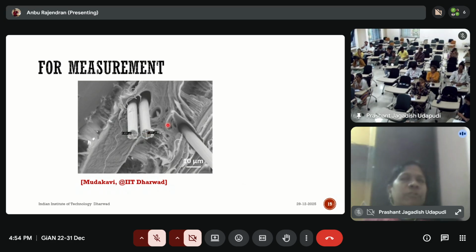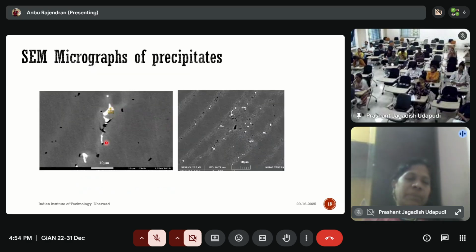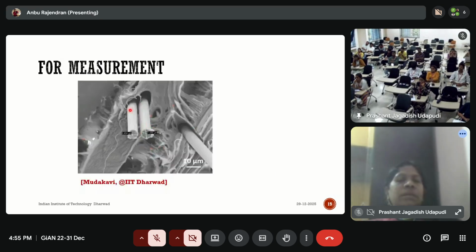In the same way, for coated samples or 3D printed samples, if you want to measure individual pool size, or in the case of precipitates, the precipitate length or size, everything can be measured. That option is available in SEM.